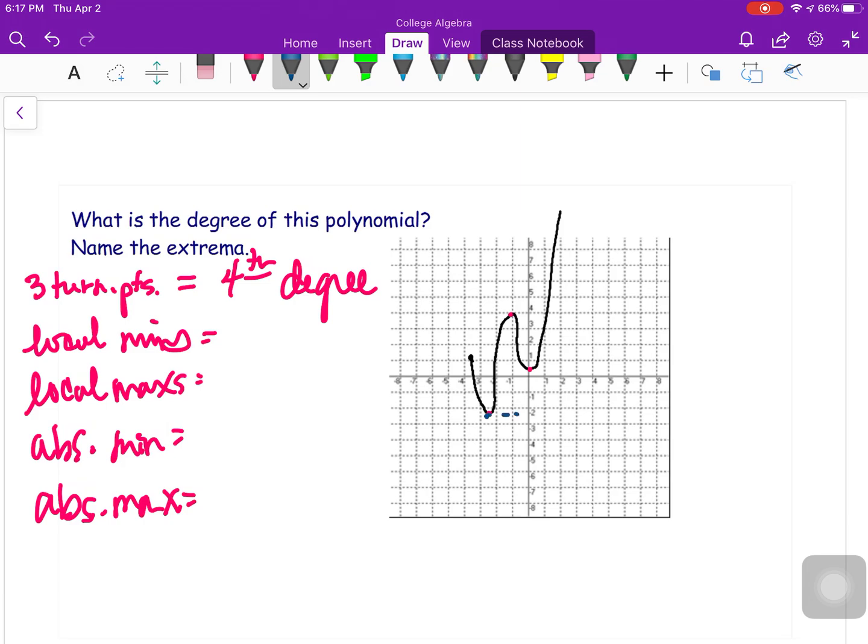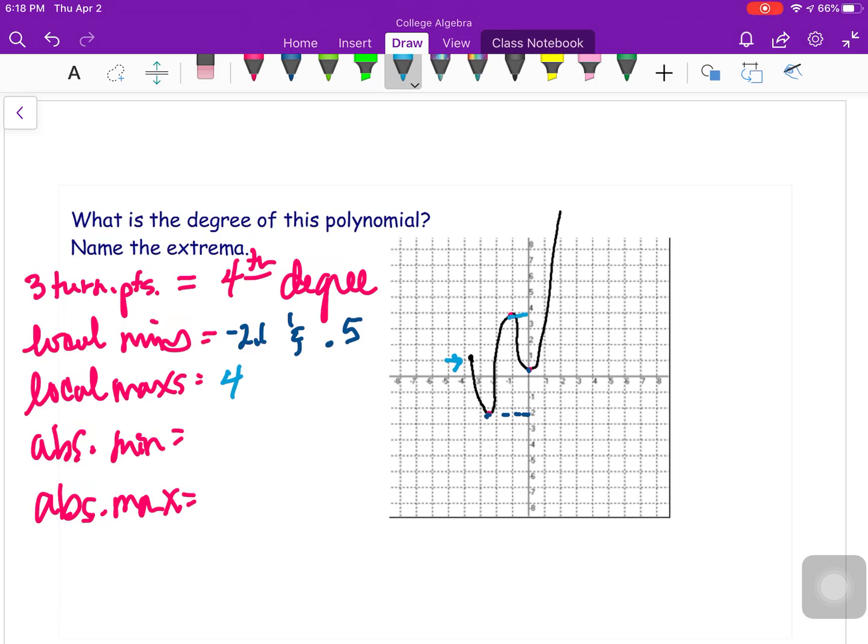So I see that I have minimums here at negative 2.1 and here at about 0.5. I see I have local maximums, the high points here at about 4. And that looks like it.